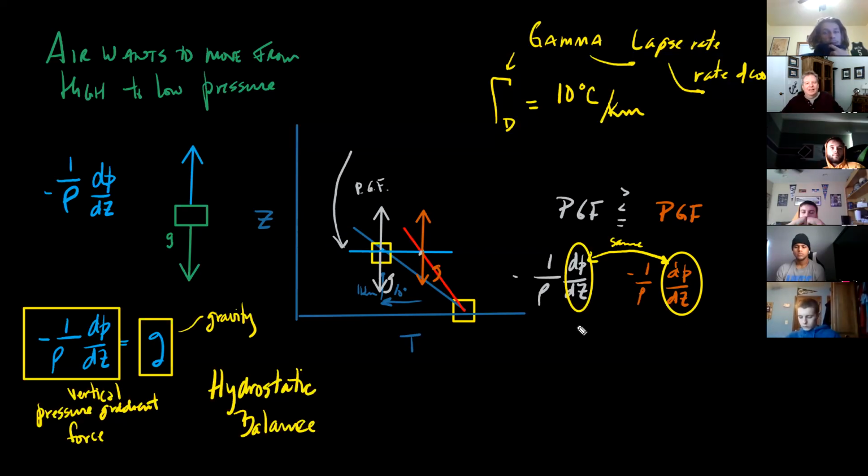Which density is bigger? This side or this side? Who has a bigger density? Left side, because it's colder. Do you agree that cold air is more dense than warm air?